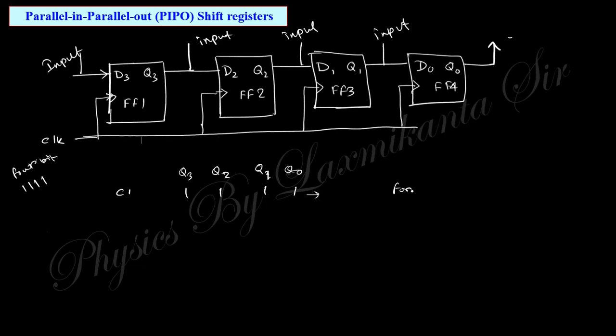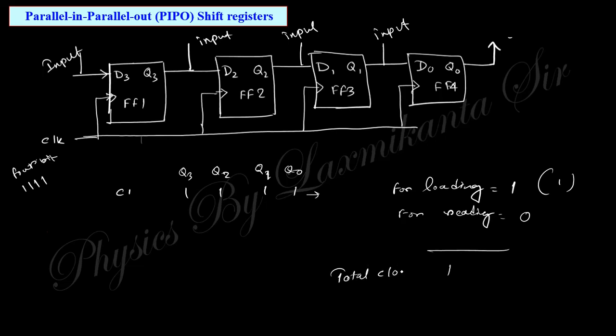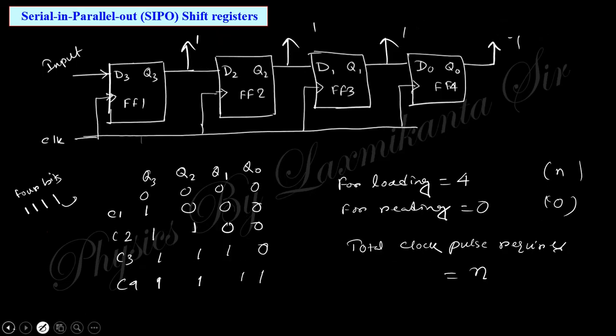So for loading you require 1, and for reading you do not require any clock pulse. So finally total clock pulse required is 1. So this is the basic of 4 types of shift register.